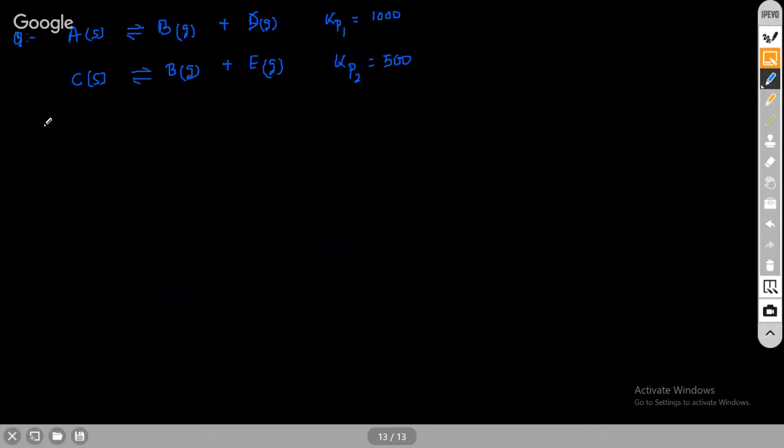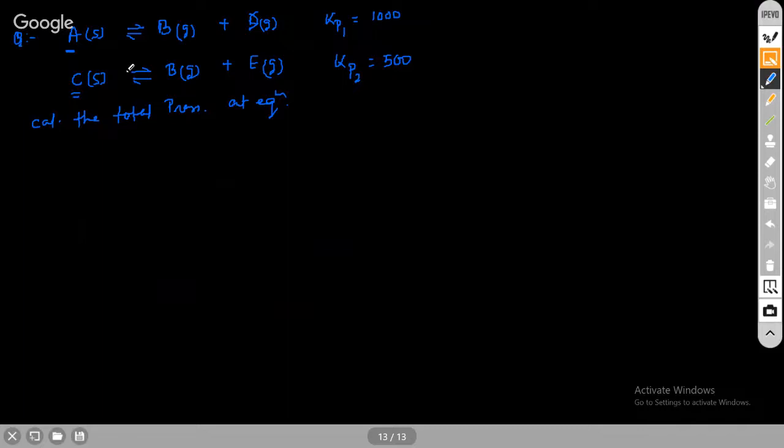Calculate the total pressure at equilibrium. This is actually a simultaneous reaction. Two different reactants giving one common product. So both reactions will attain equilibrium, and the formation of B from this reaction will also affect the equilibrium of the second reaction, because B is the same in both reactions.